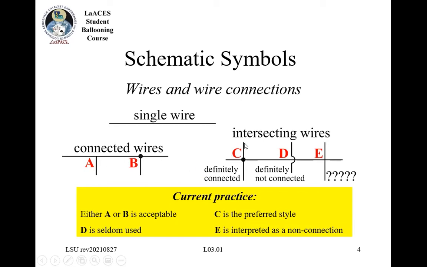Whenever you see all of these wires connected, C is definitely connected. And then D, you can see that it kind of skips over the wire. This is not so commonly used anymore, but if you do see something like that, it's nice because it tells you that for sure D is not connected to the perpendicular wire. And E, we're not sure what's happening there. Sometimes that could be connected or not. If you get confused about that, especially if you're making a schematic, you need to make it clear how the wires are supposed to actually connect.